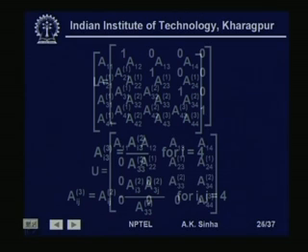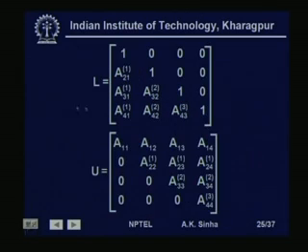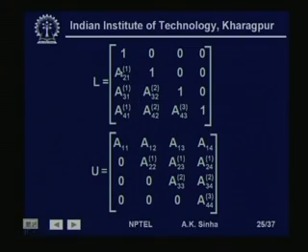Therefore, this matrix now can be written as a factored matrix LU, where we have these elements of the lower triangular part of the matrix and the diagonal elements are 1, whereas the upper diagonal elements of the matrix are denoted as U. The lower diagonals of course are 0, here upper diagonals are 0. So, this is the LU factors that we will get.